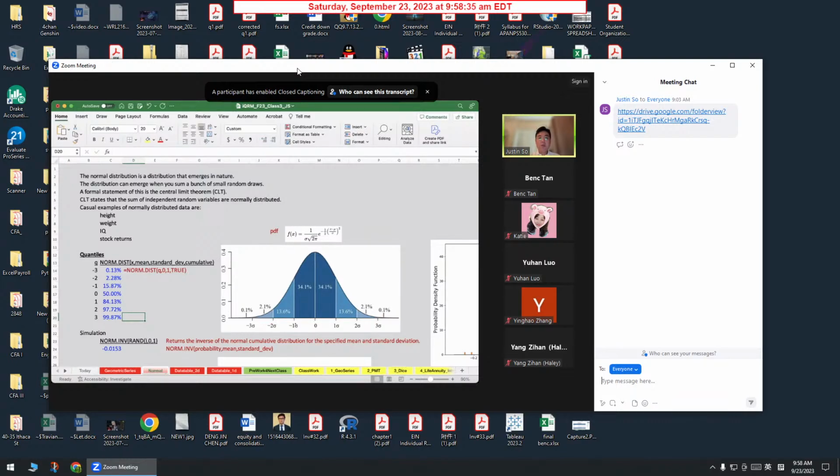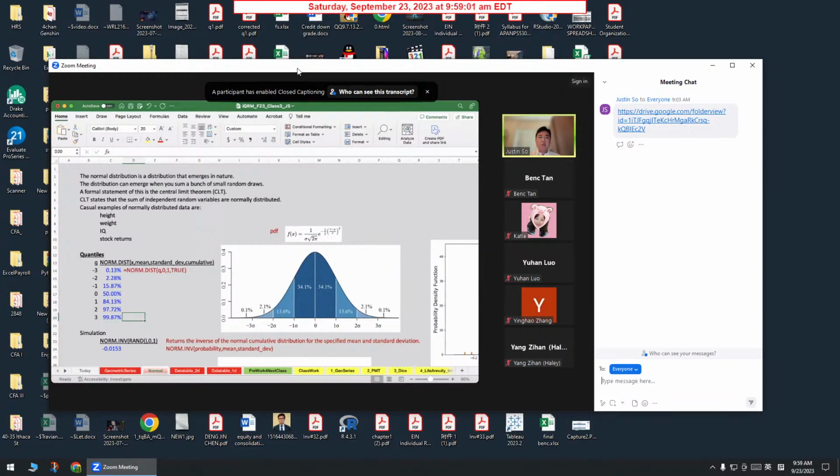So when we say the normal distribution in this shape emerges in nature, for example, think about people's height. There is a certain homogeneous data set, let's say in a certain age group, and you measure all the heights.